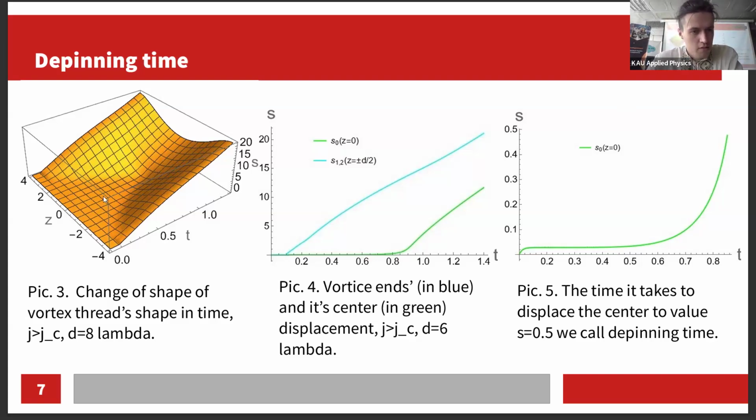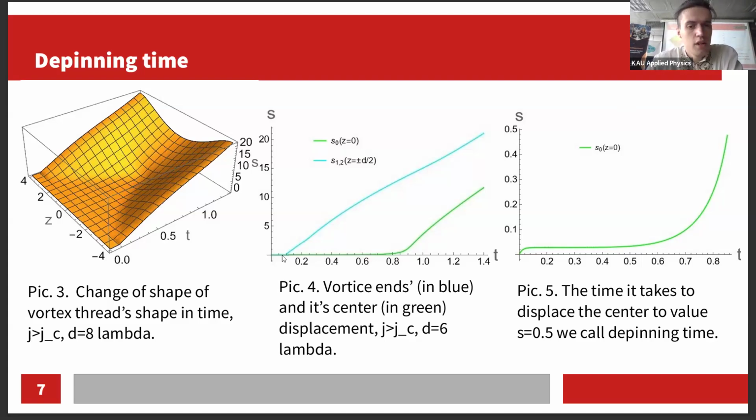Going back to this picture, there is a well-known assumption that the depinning process starts on the surfaces of the sample, since the current there is the highest and spreads inward in time.